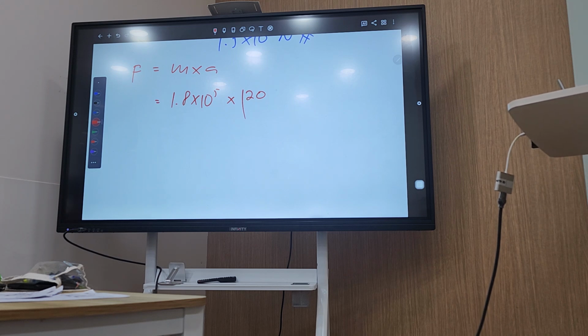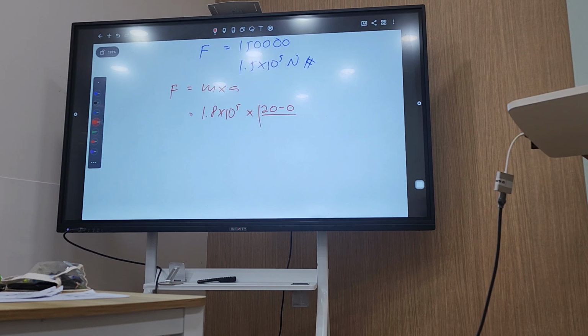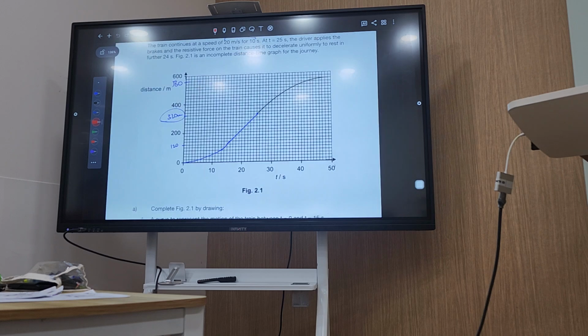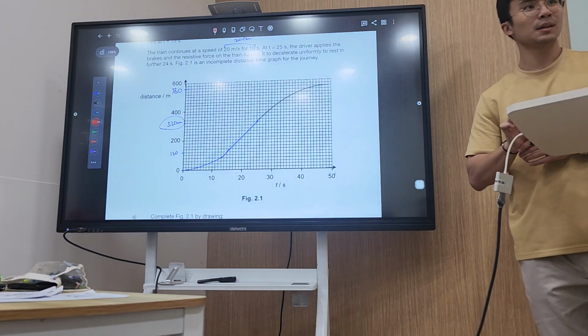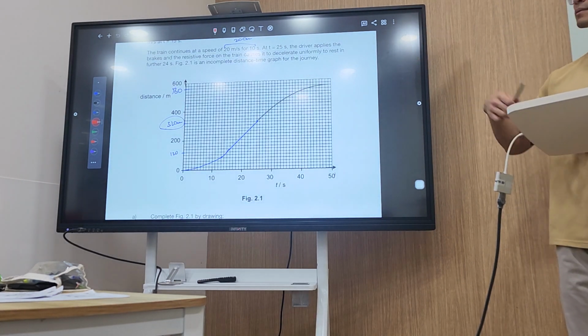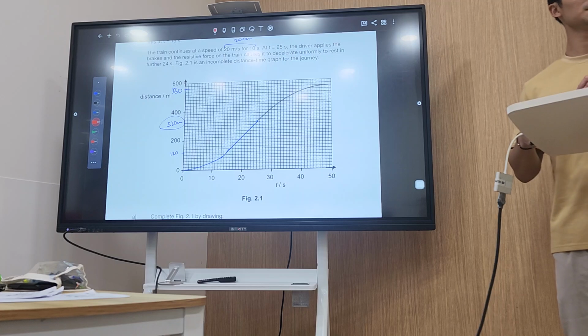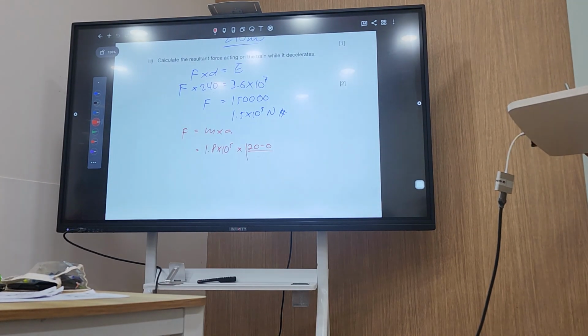What's your final speed? Yes. How long do you take to decelerate? Look properly. It is not 25. Read the question. Okay, and you can also use this to calculate the answer.